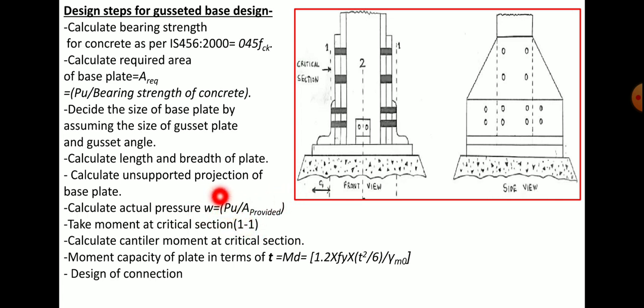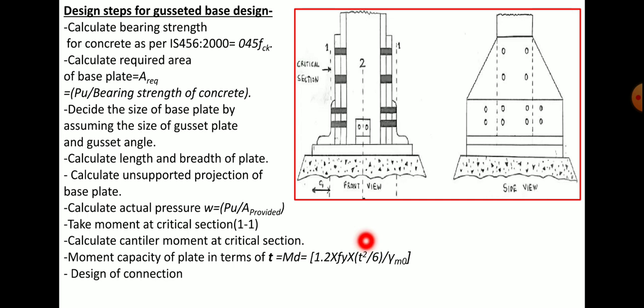Now here you need to equate the critical moment with moment capacity of plate. So moment capacity of plate is given as Md equals 1.2 Fy into Z, that is section modulus. So section modulus is given as I by Y value, that is moment of inertia divided by half of the distance of extreme fiber.